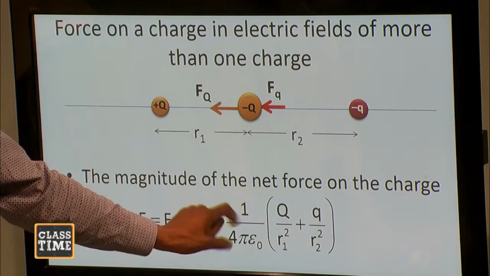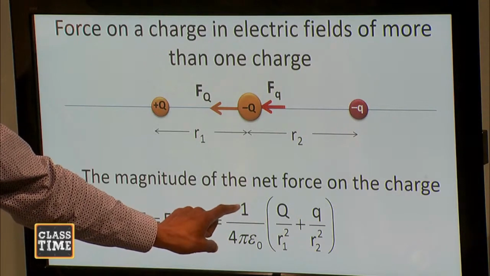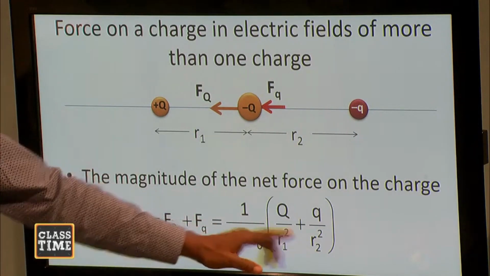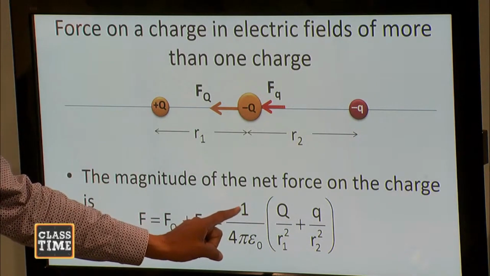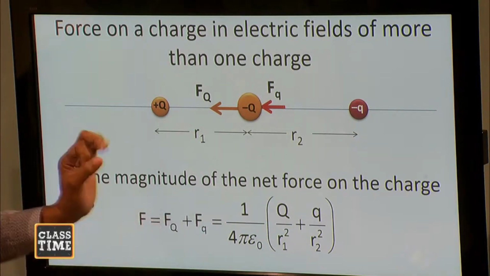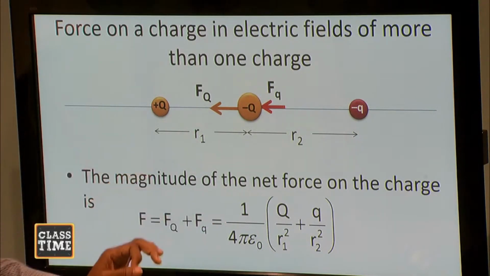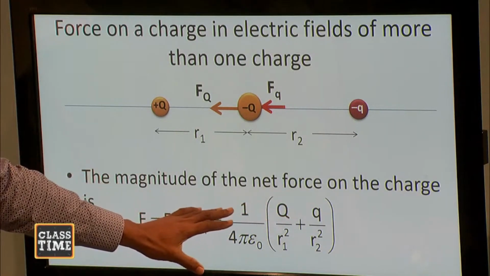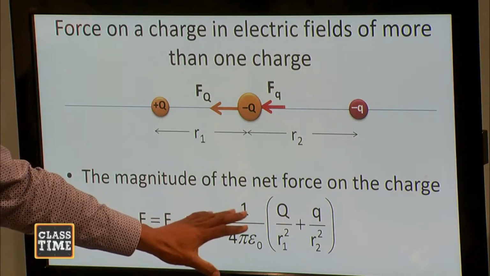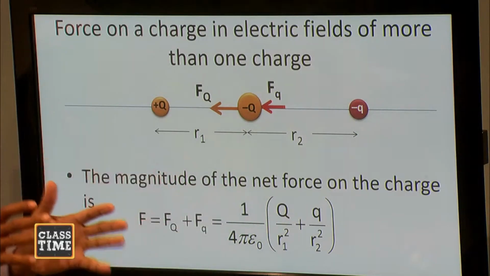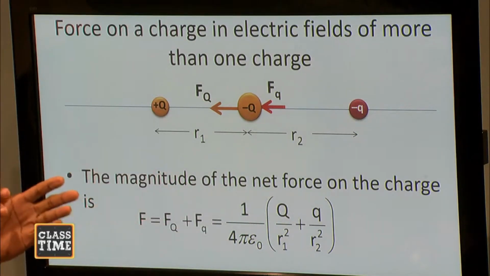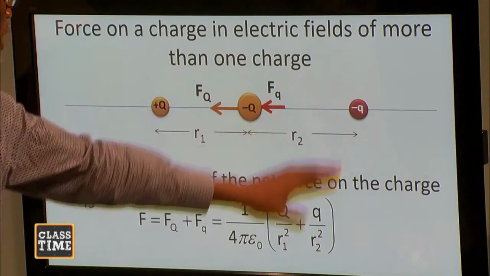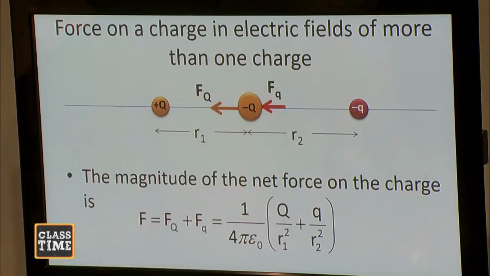So when you look at this equation, you must replace the 1 by a capital Q. Then you can expand the brackets, and you will see that you get the force due to one charge plus the force due to the other charge.